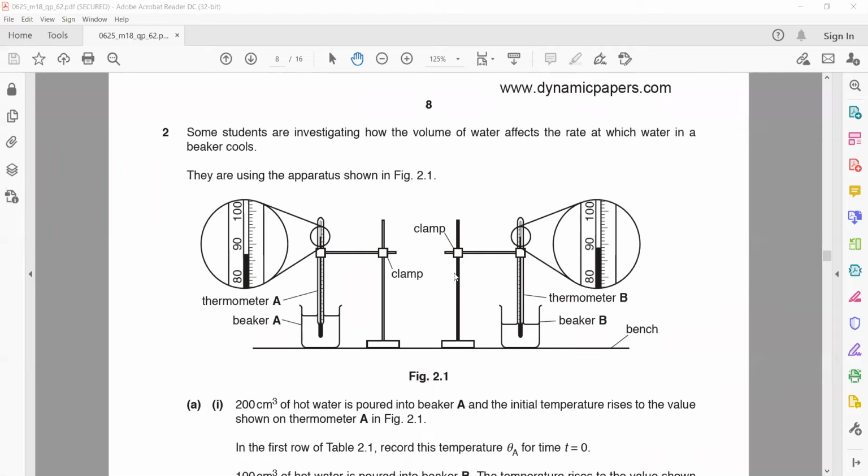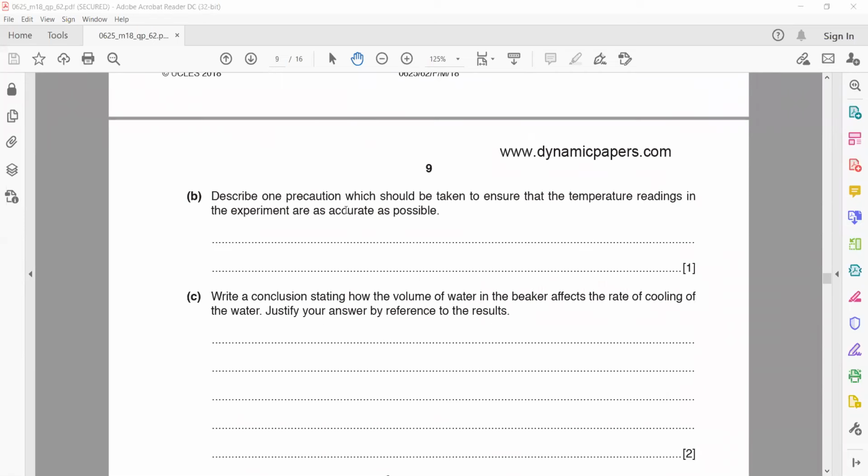So the student should wait until the reading on the temperature scale stops rising, or the thermometer should not touch the bottom of the beaker. That's also there. So look perpendicular, avoid a parallax error. That's one thing.